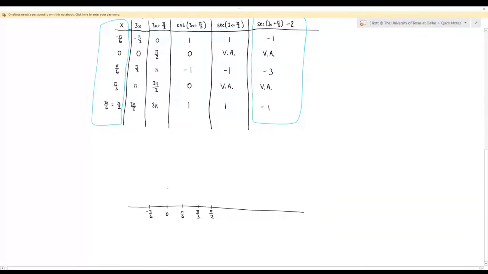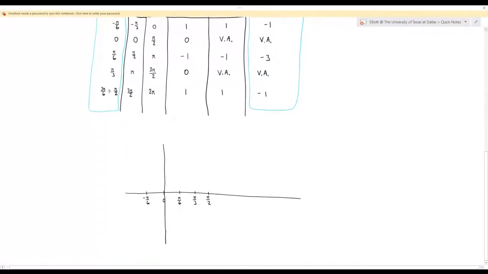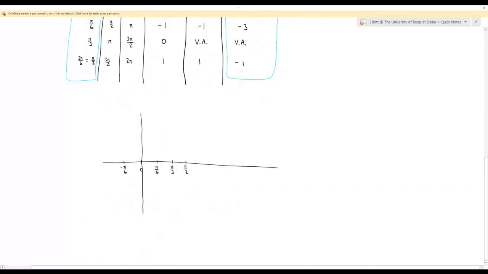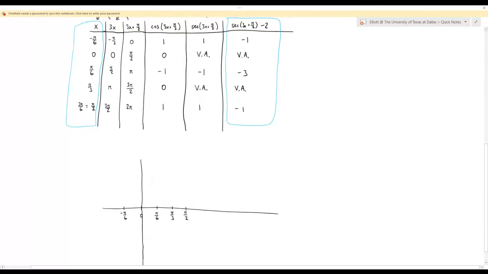Let me draw my y-axis here. And I guess I'll go down a little bit more. Okay. Let's see here. We had vertical asymptotes at 0, and then also at pi over 3.